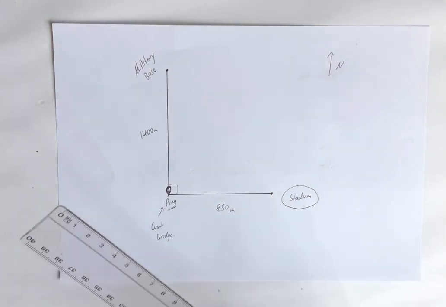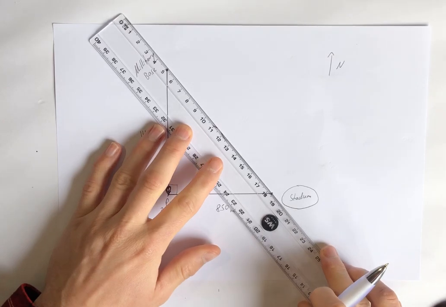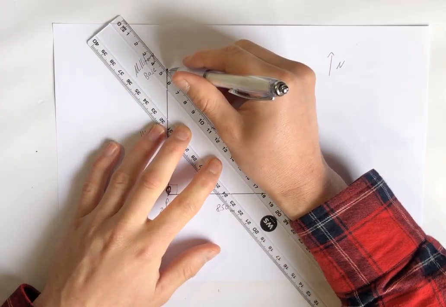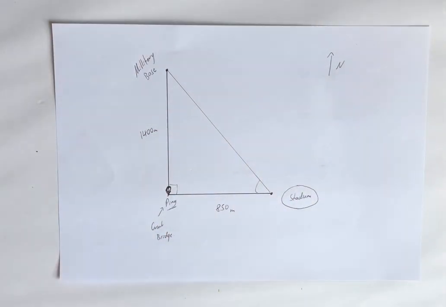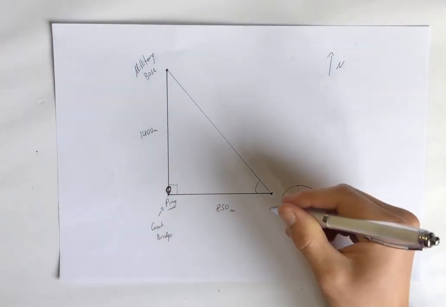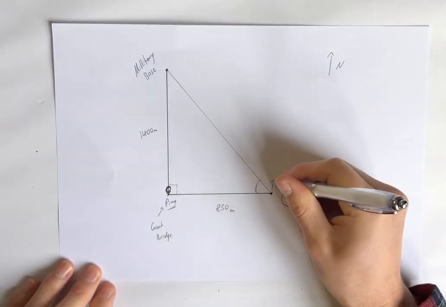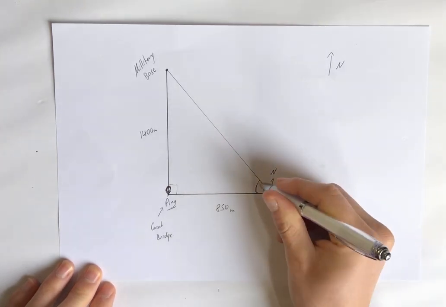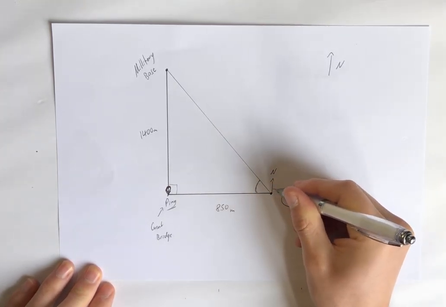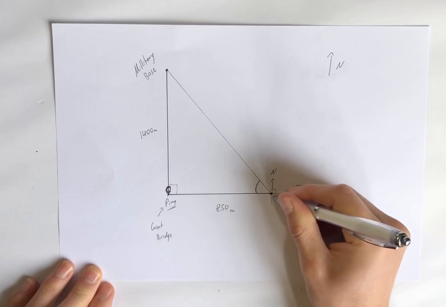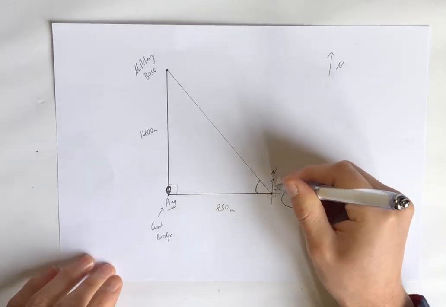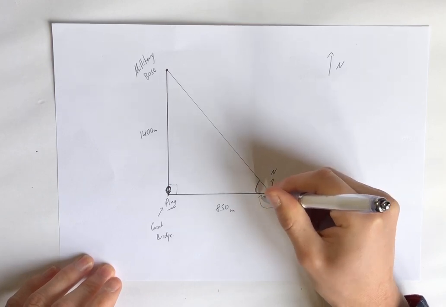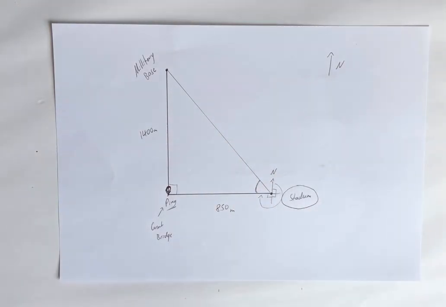So what I'm going to need is this angle in here. Because remember that's north, I'm going to add this angle to 270, and it's going to give me my total bearing that I'd have to walk in the direction of to get to the military base.